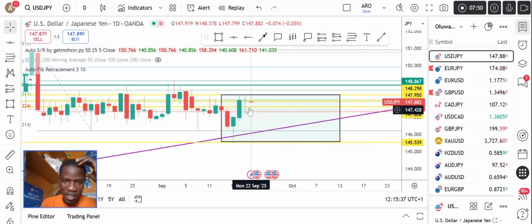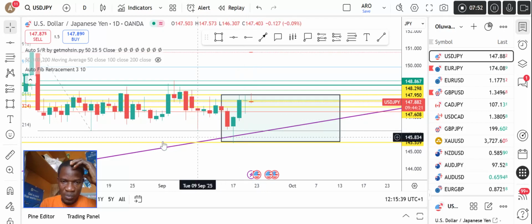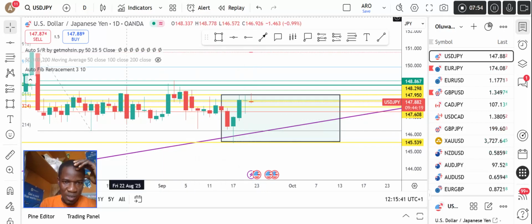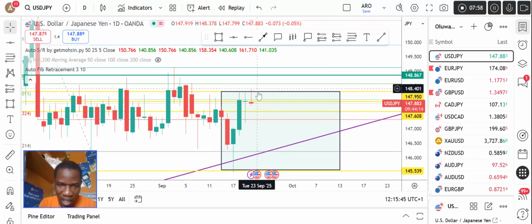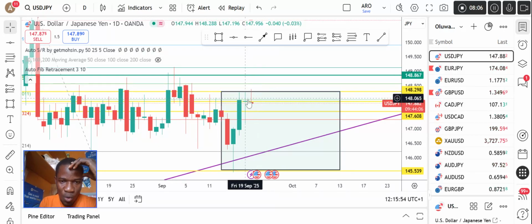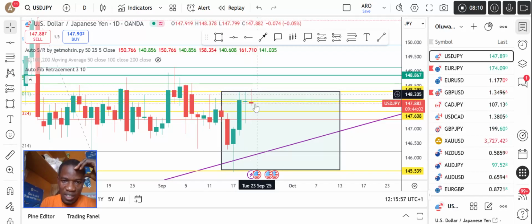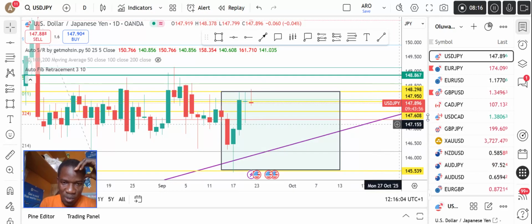Today has not ended, so we have to wait for this trade. On daily now, the market has moved to this particular area today and it reversed back down. It opened from here and has moved to this area and it's already on the down. So we'll wait for confirmation.